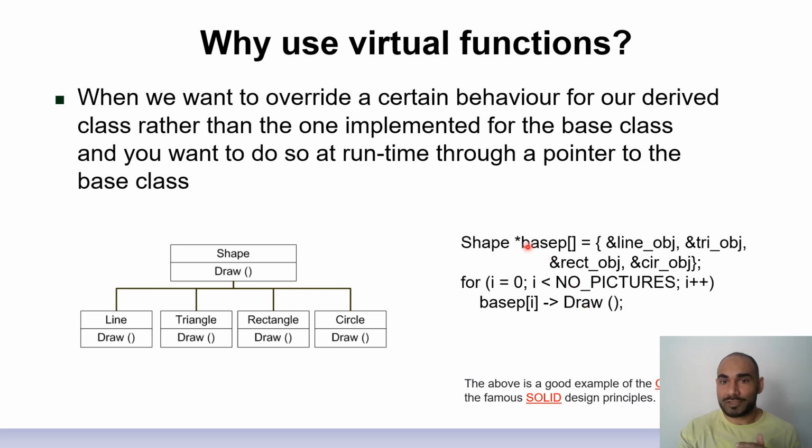Remember the type of this base P is shape, and this has a draw method. If you remember the previous slide, we also had the show method there, in the base class. So what happens if we make this draw method virtual? This would end up calling the draw methods of these derived classes, which is very powerful functionality.